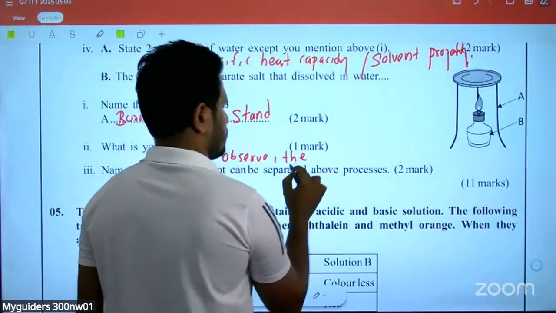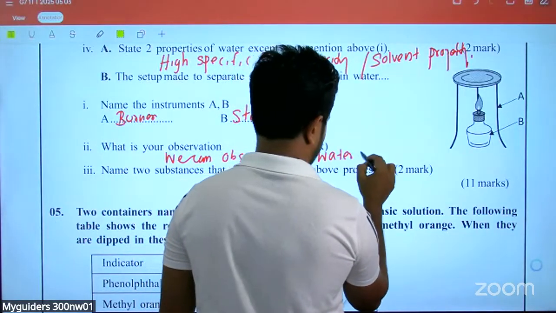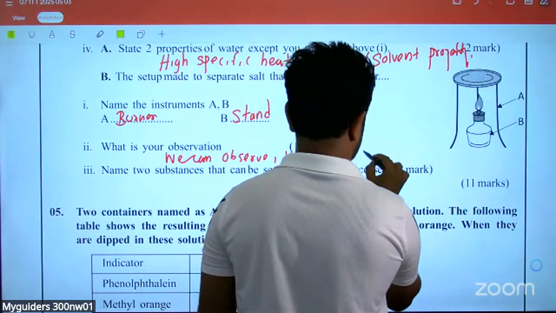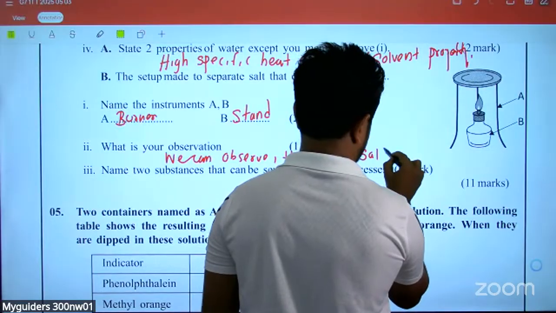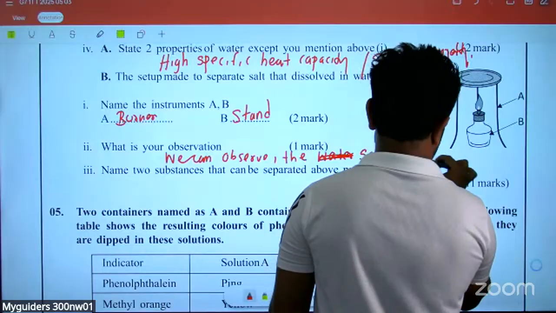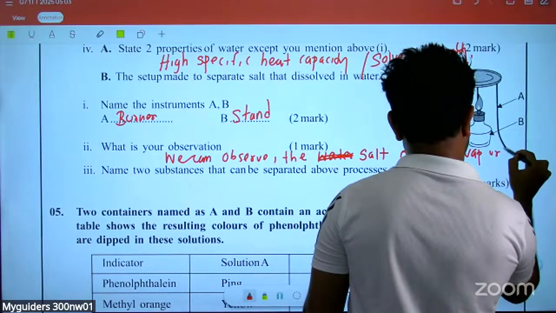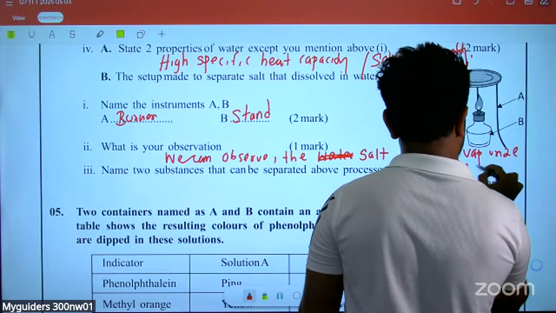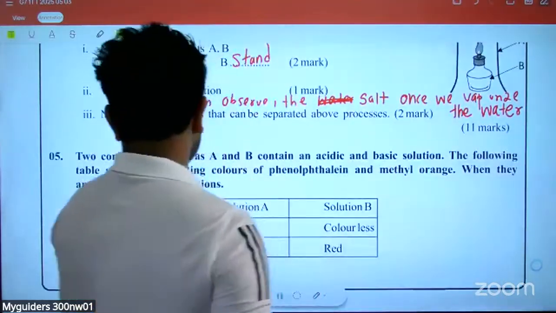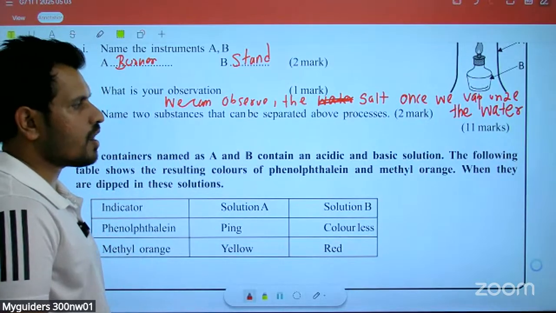We can observe the salt once we vaporize the water. Next one, name two substances that can be separated by above process.